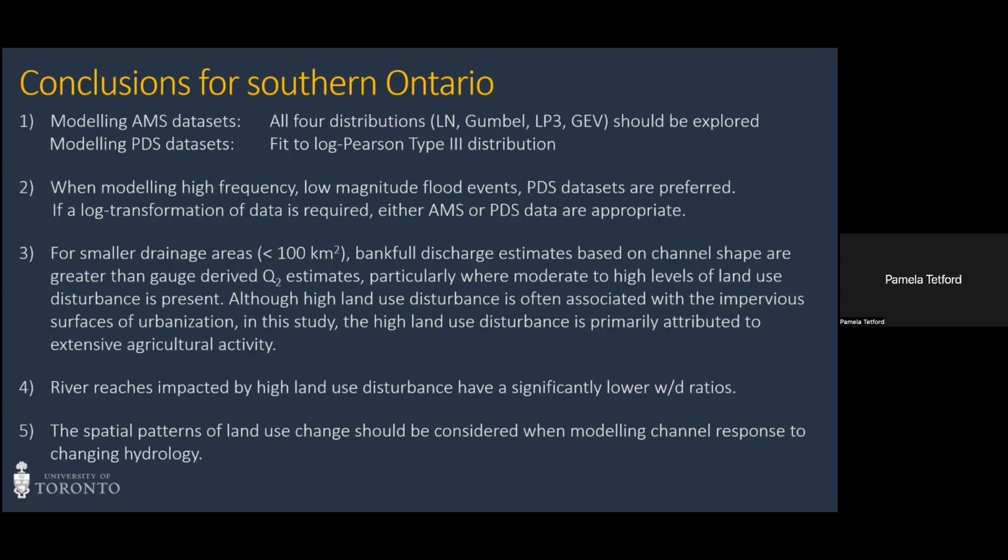And river reaches that are impacted by high land use disturbance have a significantly lower width to depth ratio. And the takeaway is that when modeling channel response to changing hydrology, the spatial patterns of land use change should be considered.